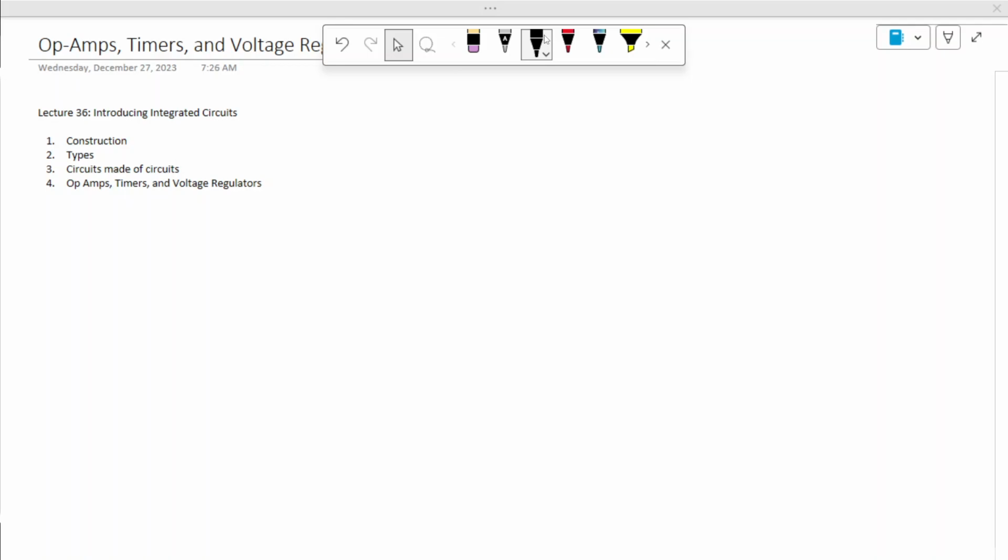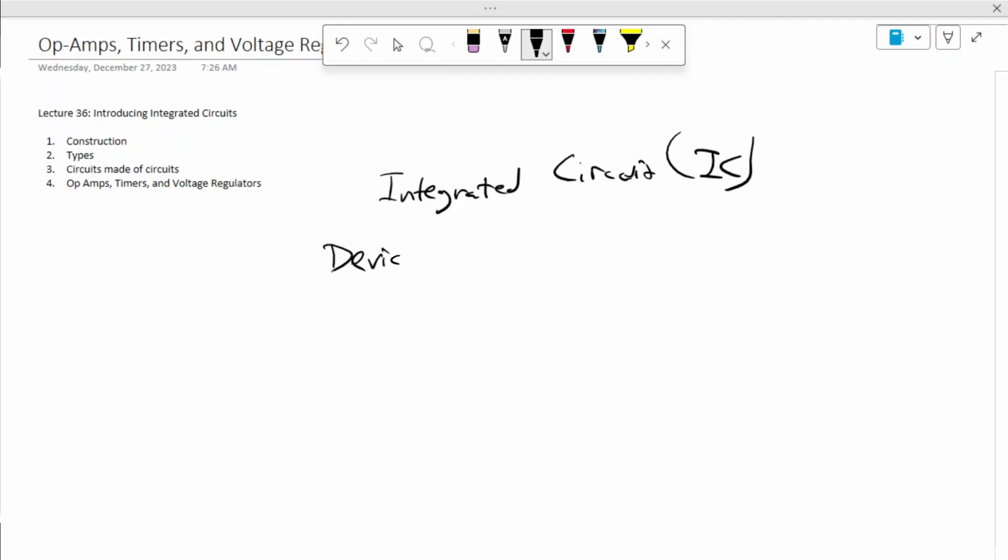In this particular section, we're making a leap from talking about how individual semiconductor devices work to talking about a concept called the integrated circuit, which is often abbreviated as an IC. So an integrated circuit is a device which is in itself a complete circuit.